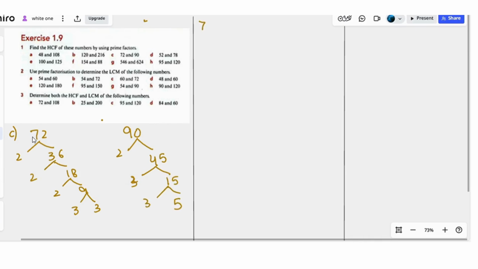So we'll write 72 as a product of its prime factors and 90 as a product of its prime factors to see which numbers are common in both. Here 2 is common, 3 is common, another 3 is common, yes. So it will be 2 times 3 times 3, 18. So 18 is the HCF of 72 and 90.